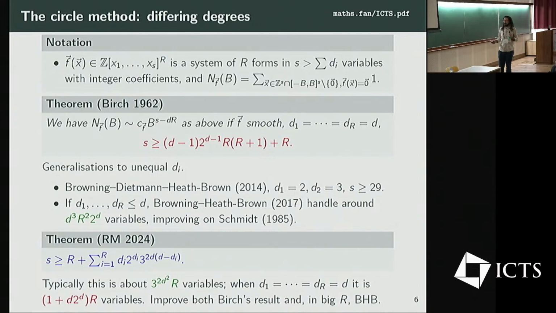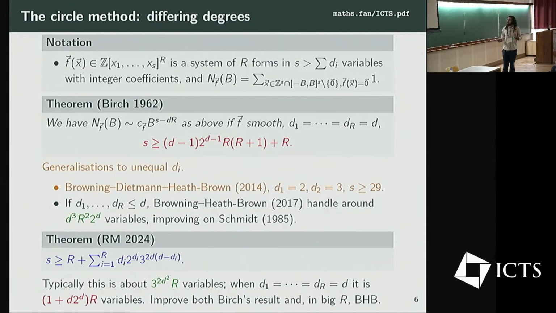So when all the degrees are the same, this d minus d_i destroys this power of 3, and then this becomes d r 2 to the d plus r, which actually generalizes the previous results that I obtained by the repulsion method. So this 9r for cubic forms and 9r for quadratic forms and 25r for cubic forms are matched by this, which is not a coincidence.